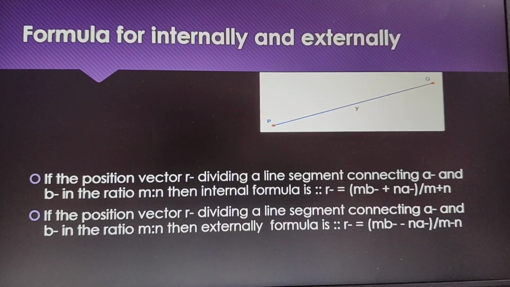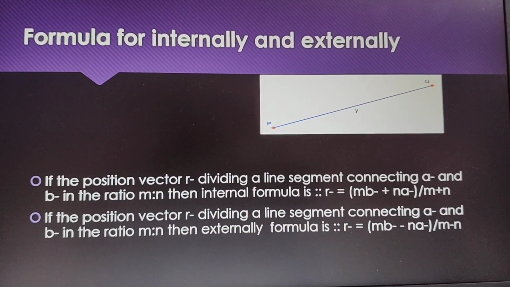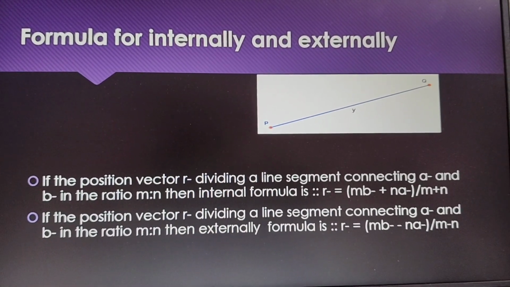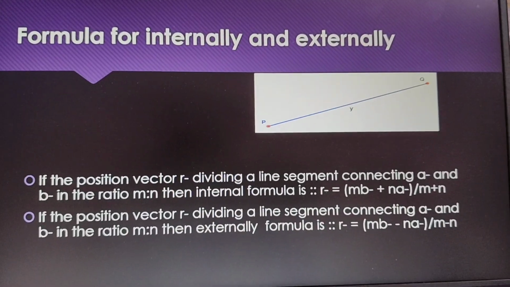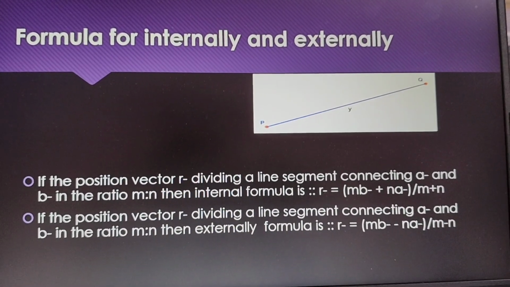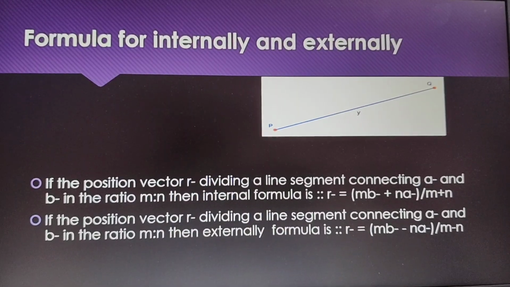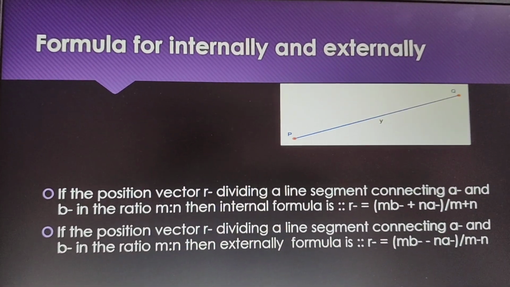If the same is dividing externally, then r bar is equal to (m b bar minus n a bar) by (m minus n). Simply multiply with m and n, that is the vectors a bar and b bar, and divide by that m plus n ratio. Then you will get the internal and external division of this line segment in the ratio m is to n in vectors.